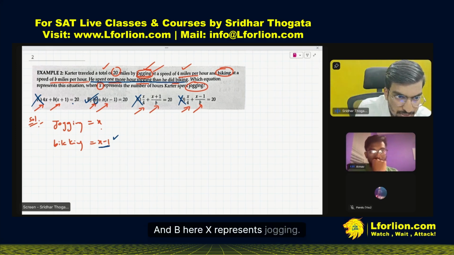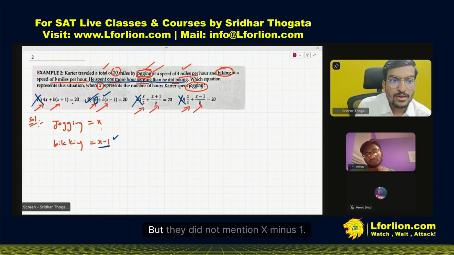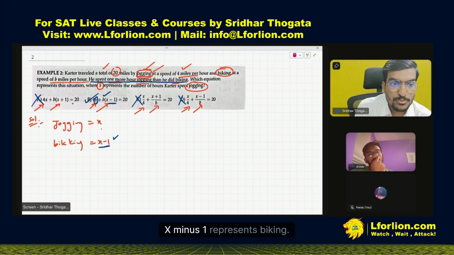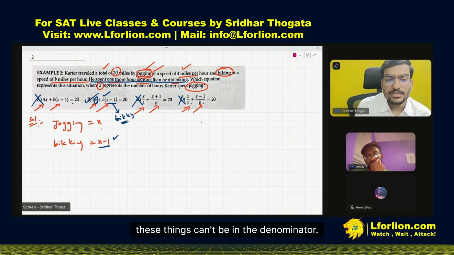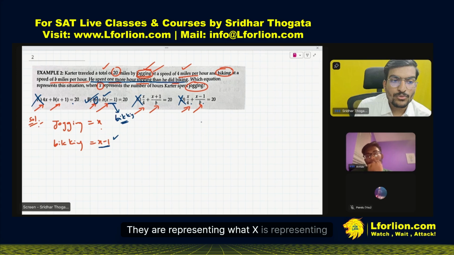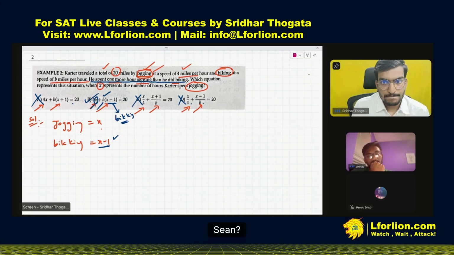Here X represents jogging, and B represents what they said, B miles per hour, but they did not mention X minus 1 in it. X minus 1 represents biking. These things can't be in the denominator. X is representing jogging hours, and B is representing the miles per hour he did biking. So it's option B. Got it? Sure? Yes.